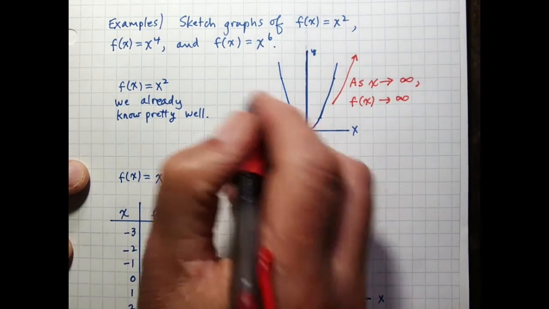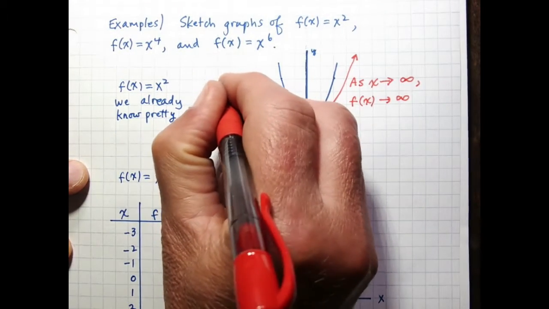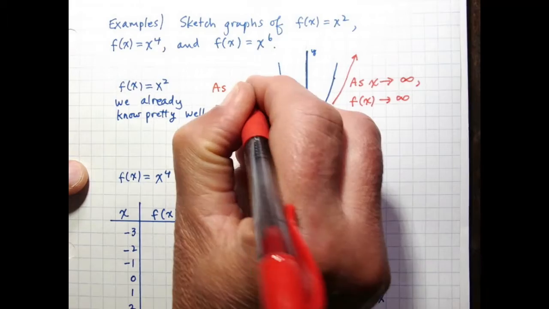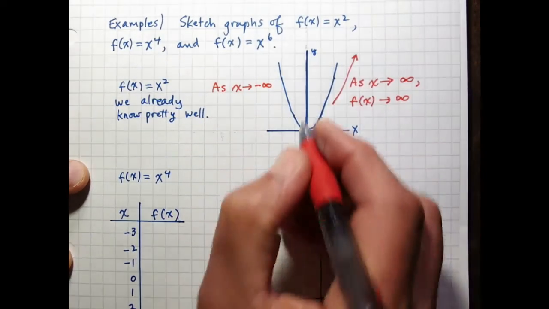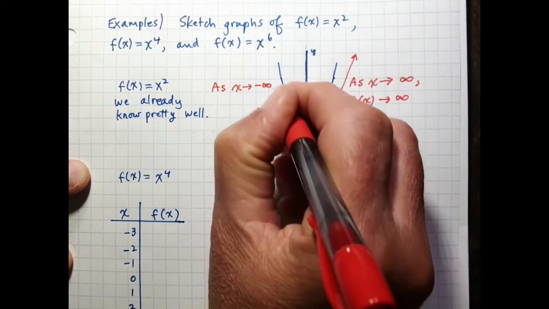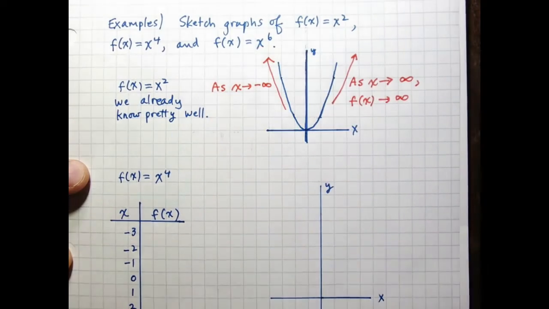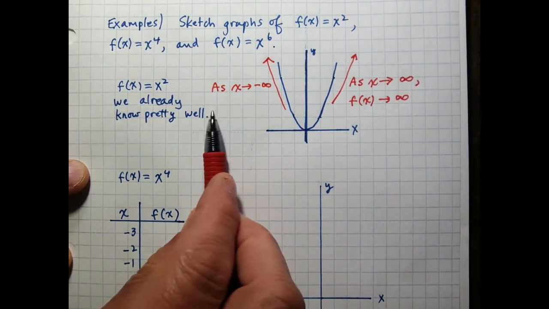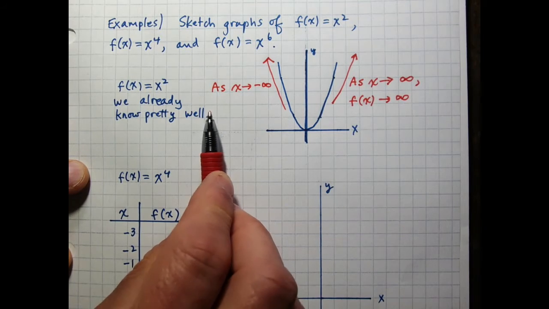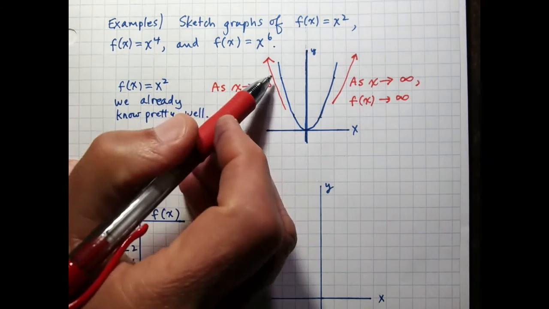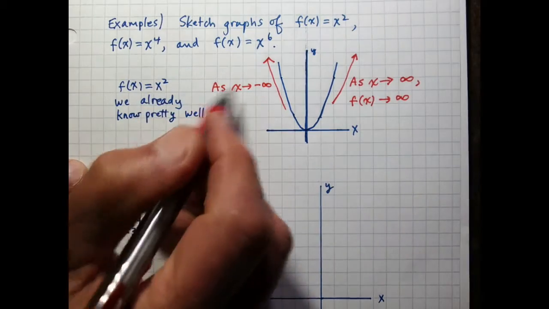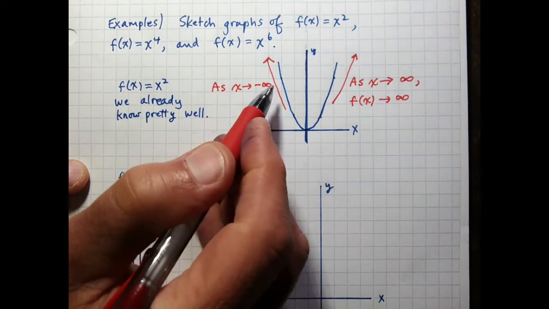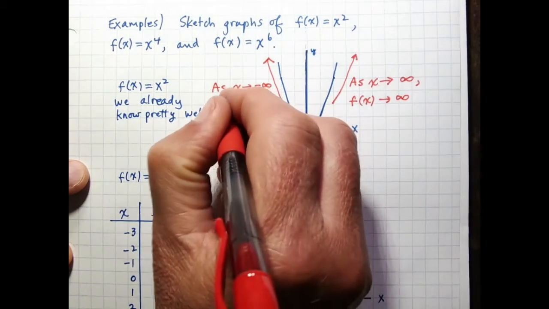We also talk about end behavior in the negative direction. So we can write as x approaches minus infinity. Now we're talking about this portion of the graph. So we're saying as x becomes more and more negative, what happens to the y values? Well, for the x squared graph, the y values get very large in a positive way.